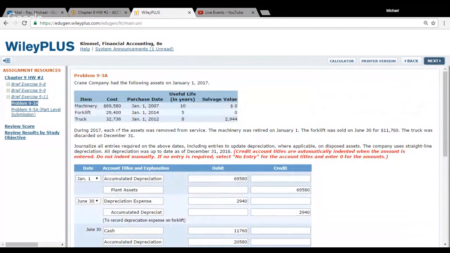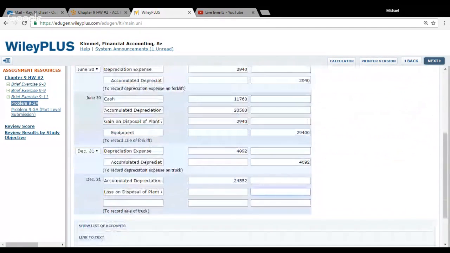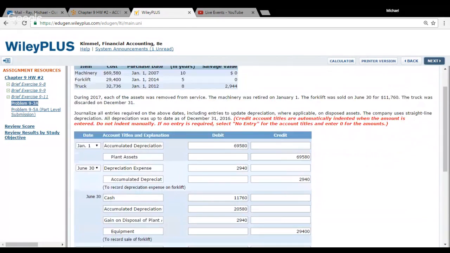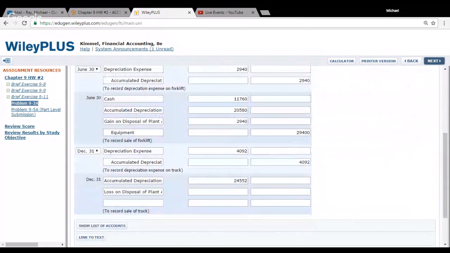And we're going to subtract that from the 32,000 that we have for the initial cost of the truck. Let's do that here. The initial cost was 32,736, minus 24,552.